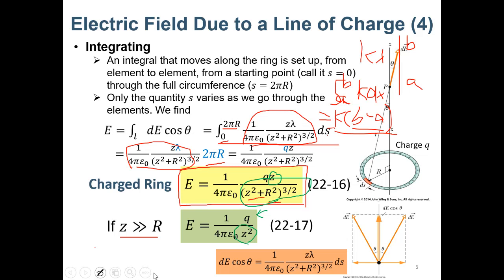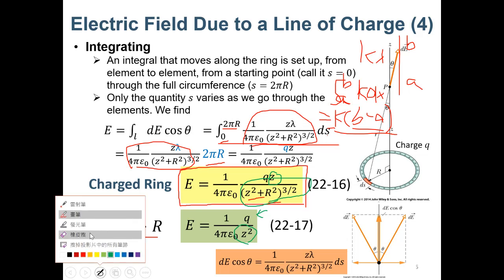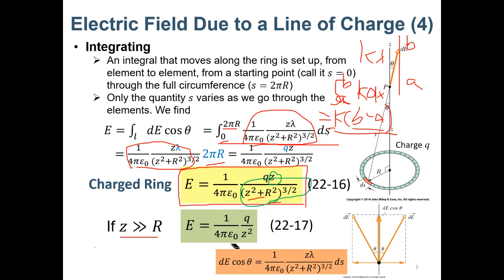This one is pretty interesting. Which means that if the distance is far enough, this ring is just similar to a particle. Because if you regard it as a particle, you just smash it into a point, and then you still keep the Q, and actually you still have 1 over 4 pi epsilon 0 Q over z squared.